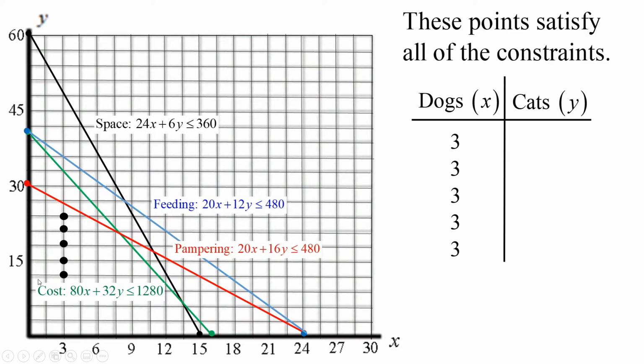And the y-coordinate would be, and again, I'm going by 3, so what's that, a 12, 15, 18, 21, and 24. There you go. If Carlos and Clarita board 3 dogs, they have room for 12, 15, 18, 21, or 24 cats. And that includes cost, pampering time, feeding time, and space.